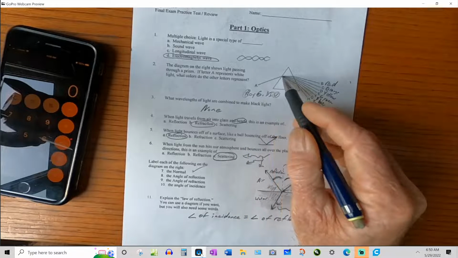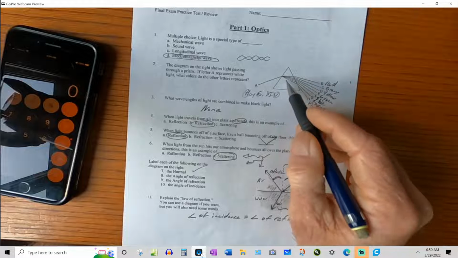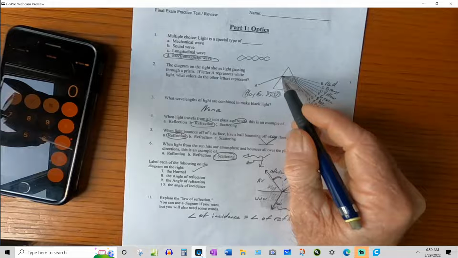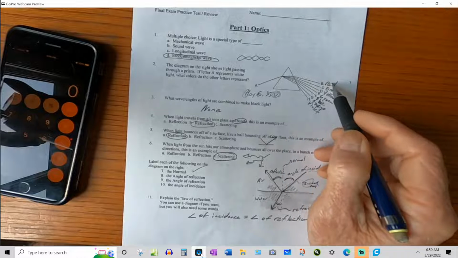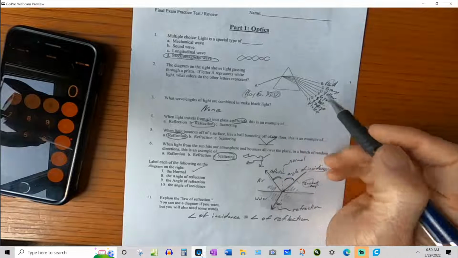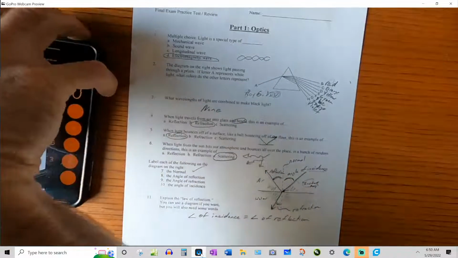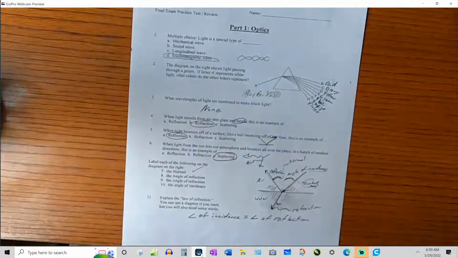So when the light goes in and it refracts, the one that bends the most is violet. And the one that bends the least is red. And the others are in order. What wavelengths are combined to make black light? None, because black is the absence of light.